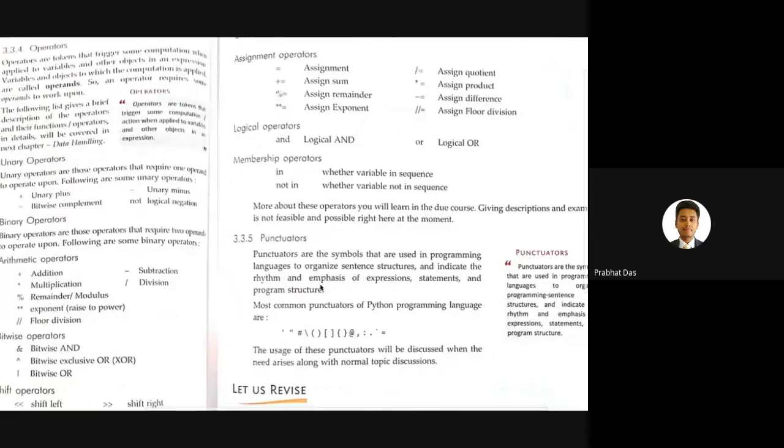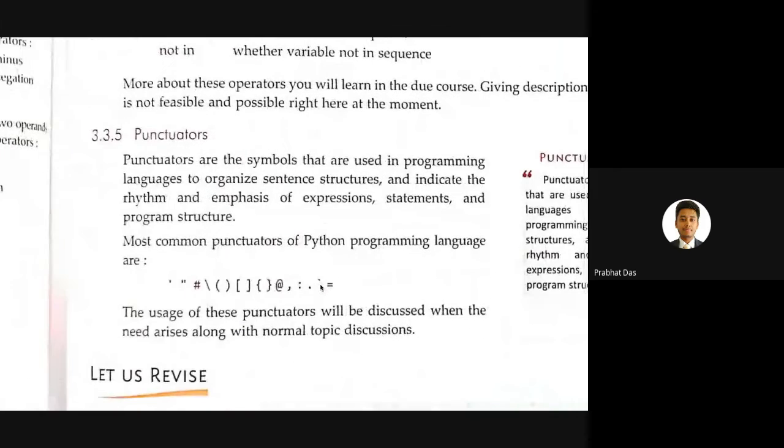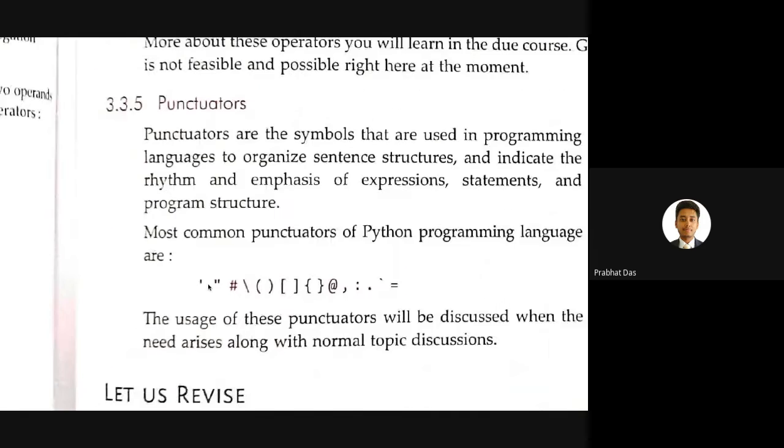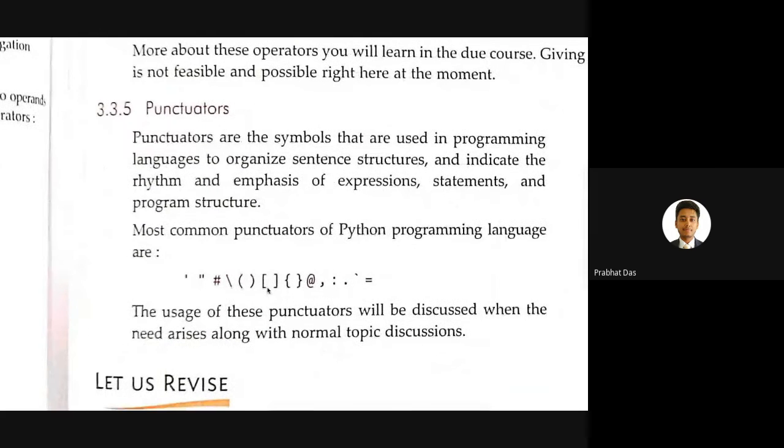Let us move on to the next concept, that is punctuators. So what exactly are punctuators? Punctuators are the special symbols that you will be using while writing your programs, like single quote, double quote, hash, forward slash, backward slash, parenthesis.